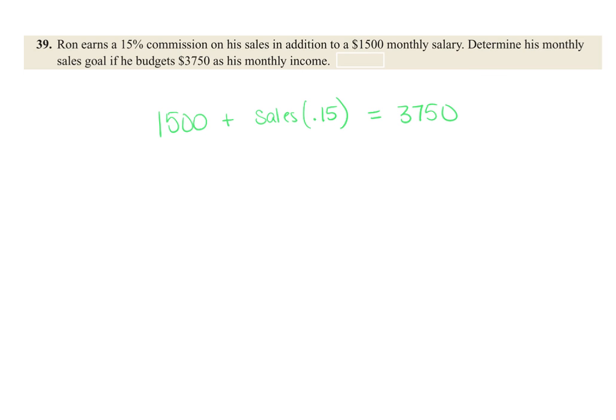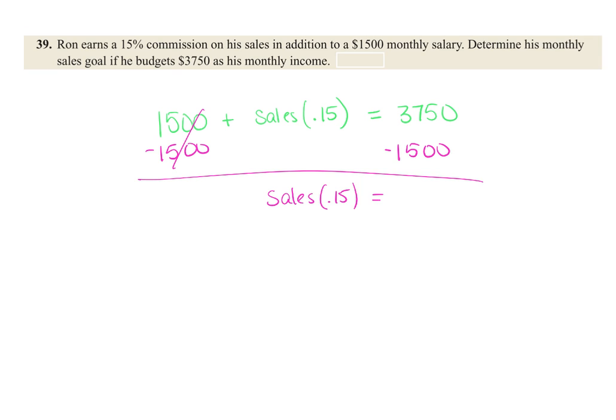So you're going to subtract your 1,500 from both sides. When you solve that, you will have whatever he sells times 15% equals 2,250. And then we just divide by that 0.15.